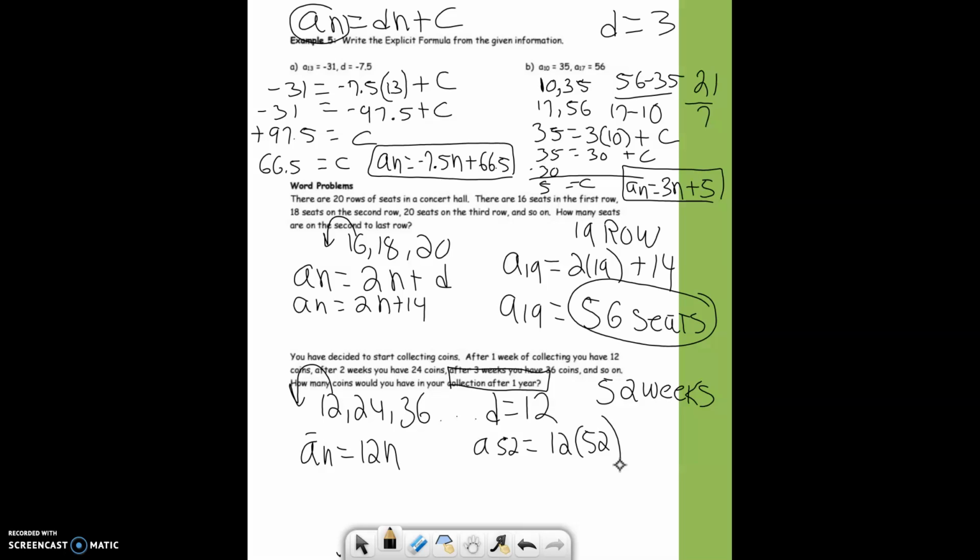We'll have 12 times 52. So we are going to have 624 coins at the end of the year. Okay? All right. We're done, guys.